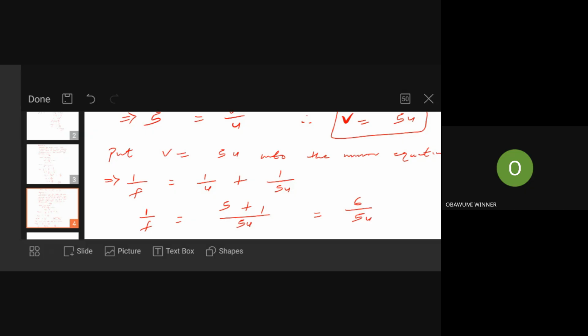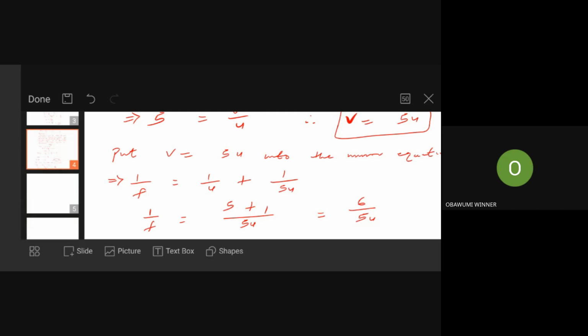6 all over 5u. But we are given f. We know the value of f, all right? So let me go to the next slide. Remember from what we did, since the radius of curvature is 20, our f we calculated to be 10 cm.